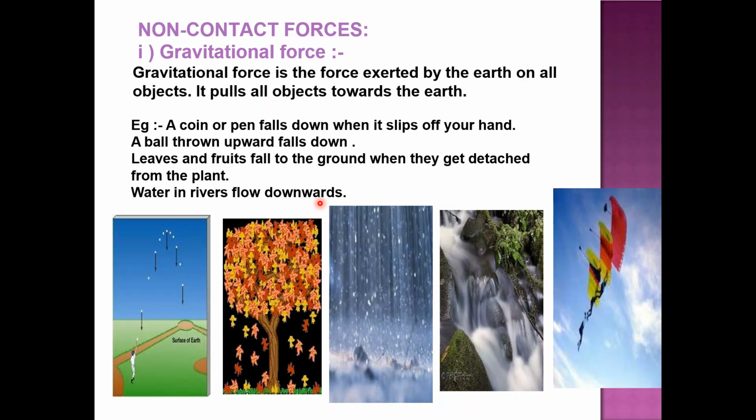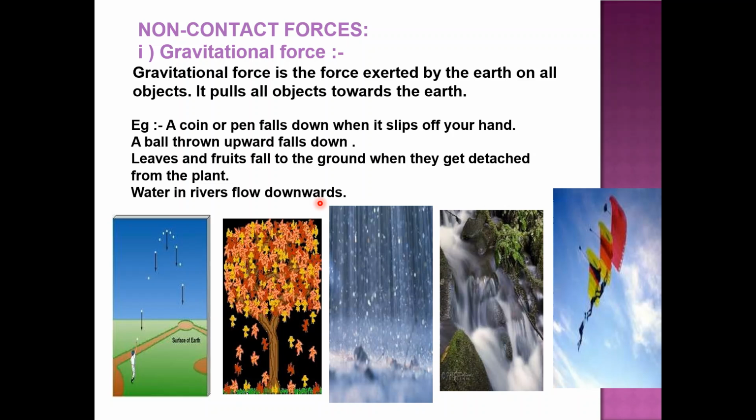It was Sir Isaac Newton who discovered the earth's gravitational force. The magnitude of the gravitational force exerted by a body is proportional to its mass. Greater the mass of an object, greater will be the gravitational force acting on it.